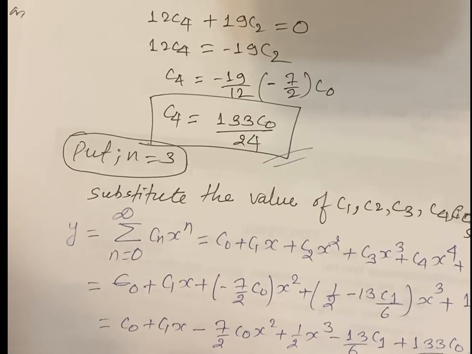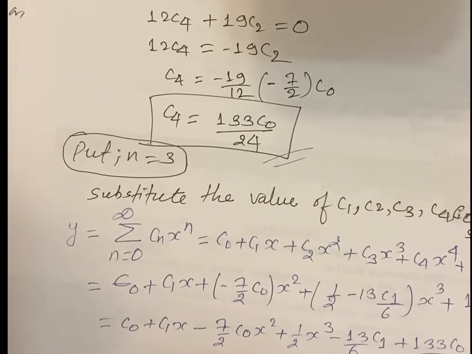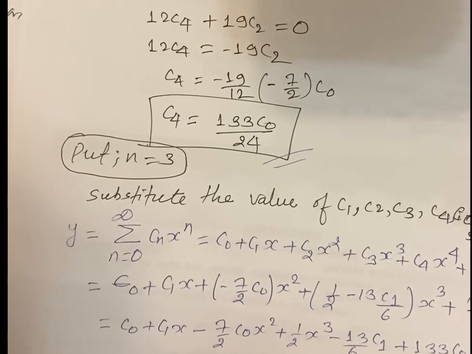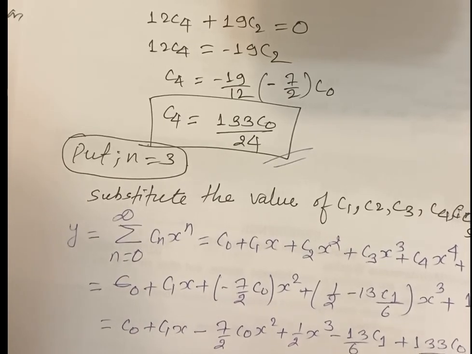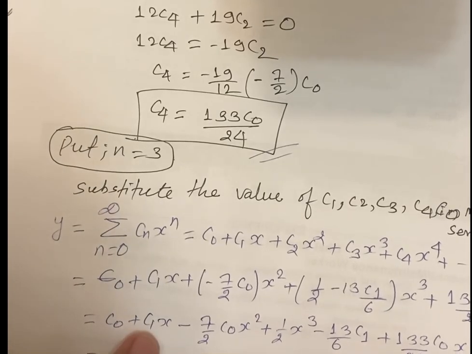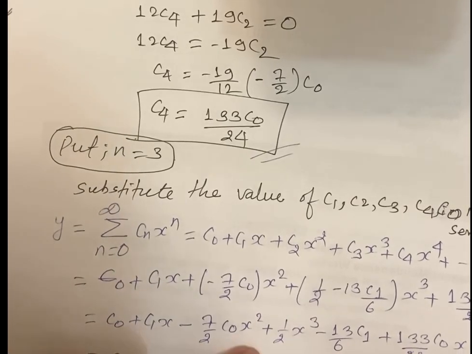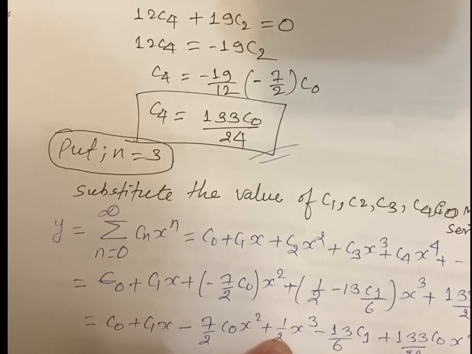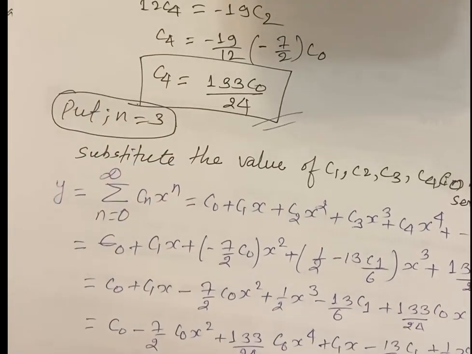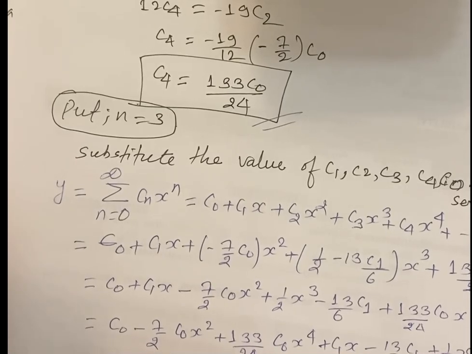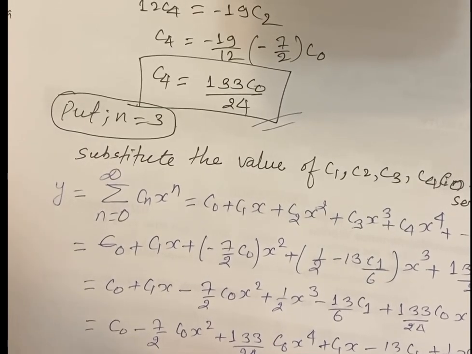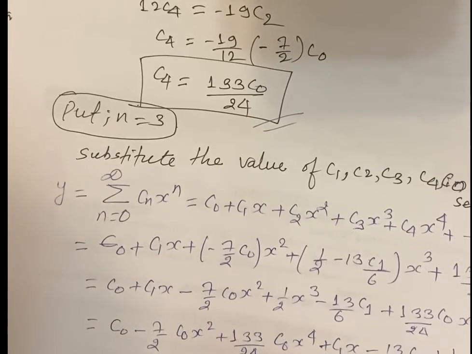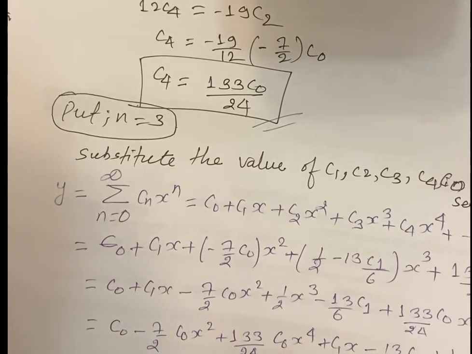Let's rearrange all these terms. c0 minus 7 by 2 c0 x square plus 133 by 24 c0 x4. Then let's write the c1 terms, plus c1 x minus 13 by 6 c1 plus 1 upon 2 x cube. So this one becomes how much? Let's take c0 common. 1 minus 7 by 2 x square plus 133 by 24 x4.